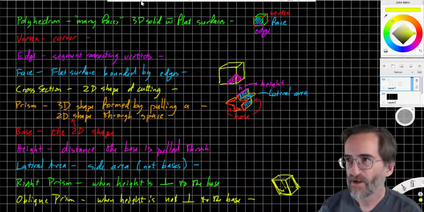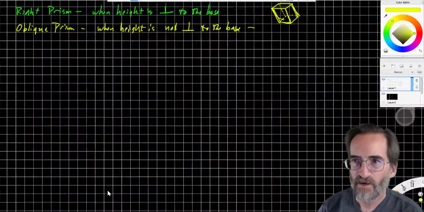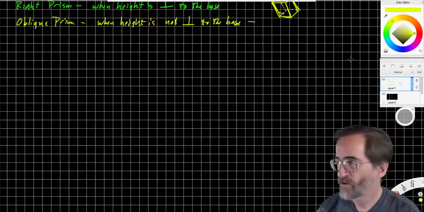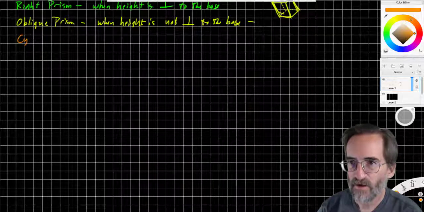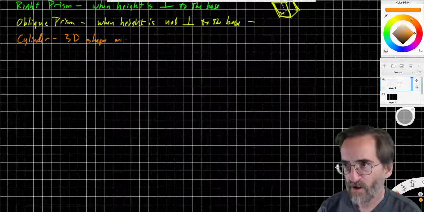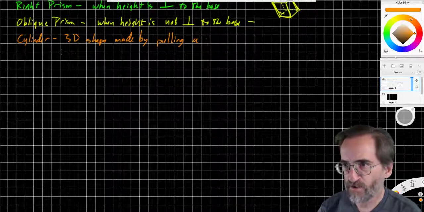Okay, need more room, so let's go down here. And let's deal with cylinder. It's a 3D shape made by pulling a circle through space.